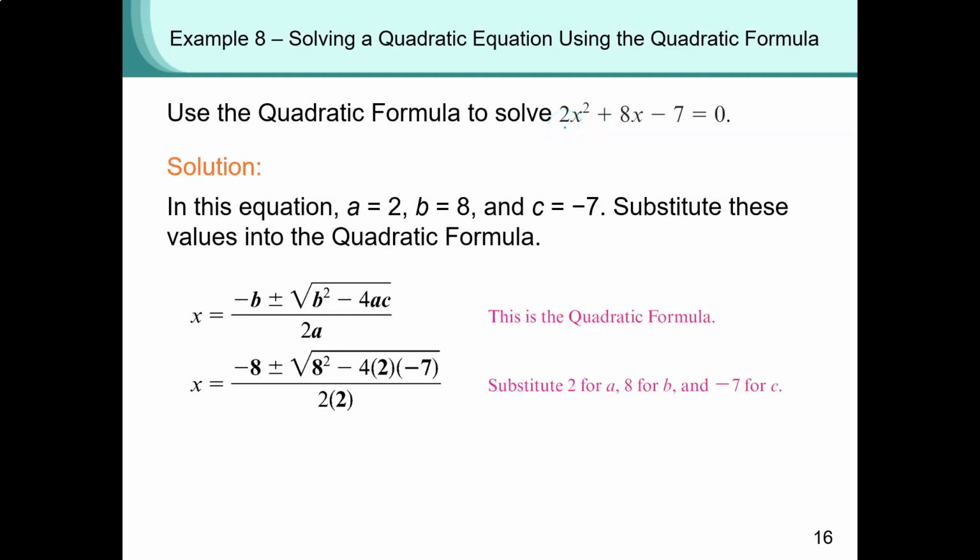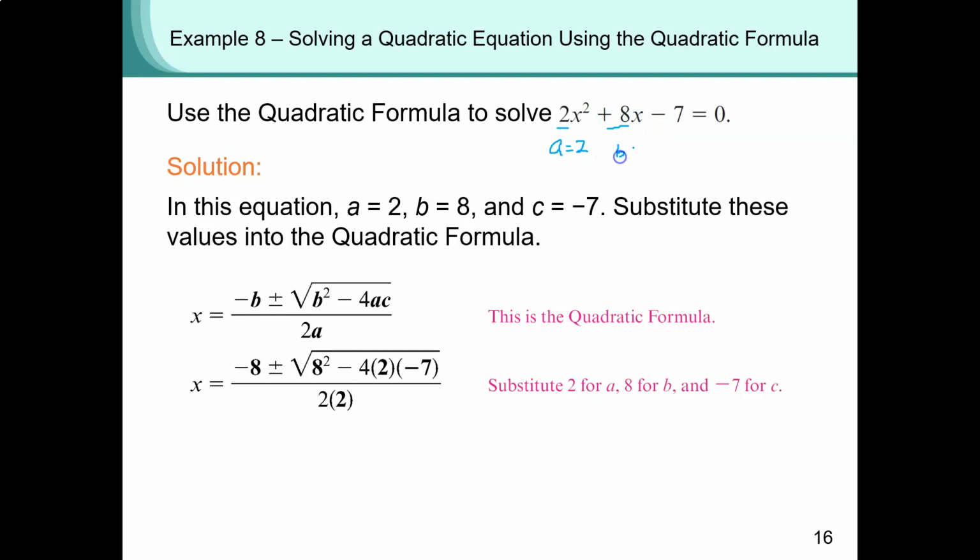Because the leading coefficient is not 1, some people might feel using the quadratic formula is the easier way. So before you jump into the formula, you need to recognize a, b, c. a is the number from your leading coefficient term, the x squared term. So a is 2.